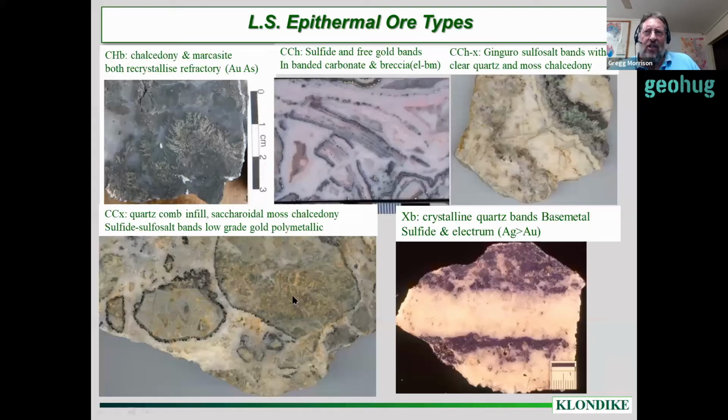The ones with crystalline quartz alone without chalcedony tend to have quite good base metal sulfides, and the crystalline ones have base metal sulfides where often the silver dominates over the gold. Okay, so the best place to be is in the Crustiform-Colloform zone, as everybody knows, but you can find mineralisation and even ore in other parts of it, depending a little bit on exactly what kind of system you're in.